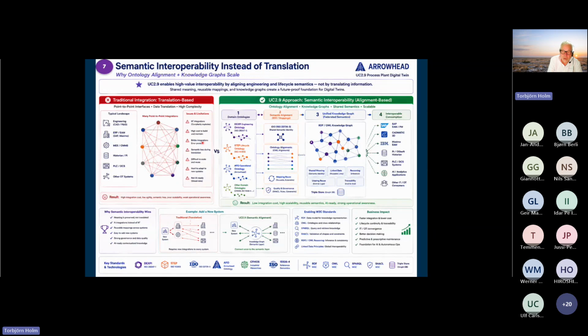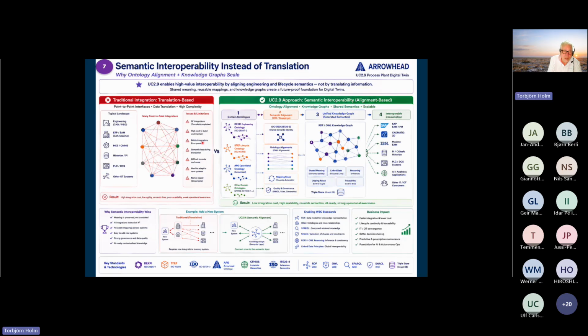We don't say that it's not good to do very rigorous alignments, but we can get value out of such a project just after a few months instead of several years. And I think that's needed. And we can also add new knowledge graphs, or we can replace old knowledge graphs easily and still have the same system running.